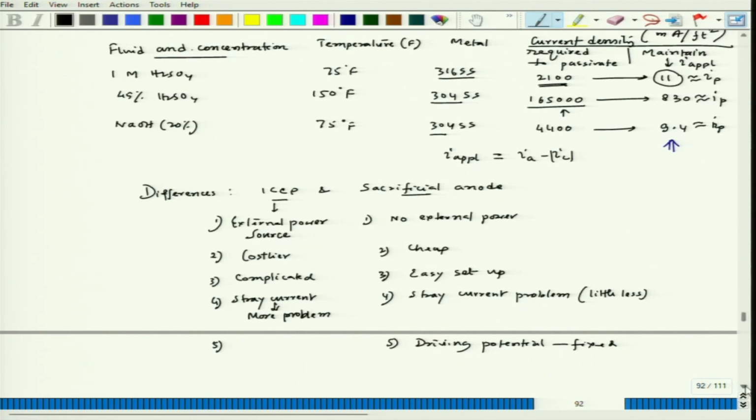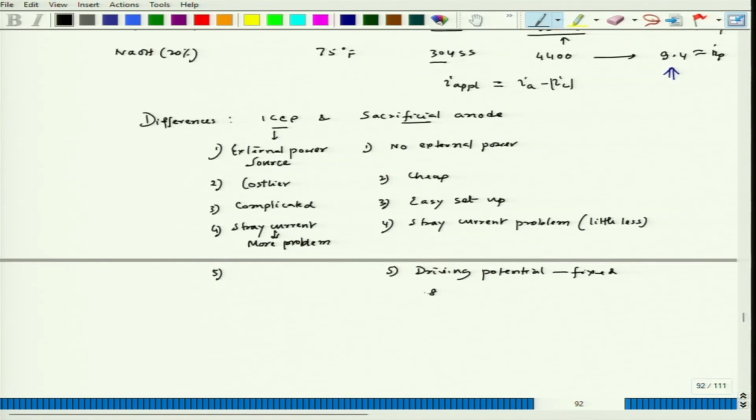For example, if we consider minus 850 millivolt criteria with copper sulfate electrode, let us say this is my steel potential under polarized condition, and we know for zinc, which is the anode, that potential would be 1.1 or 1100 millivolt with respect to copper sulfate under OCP condition.